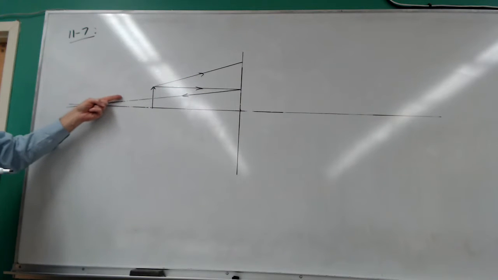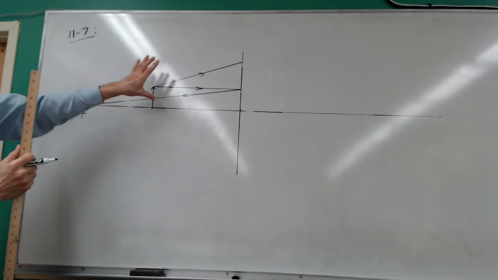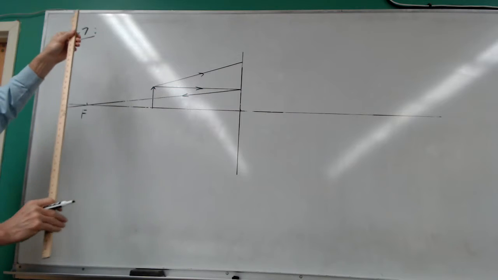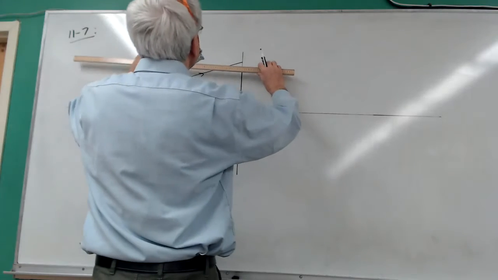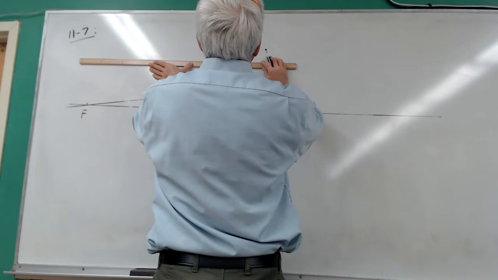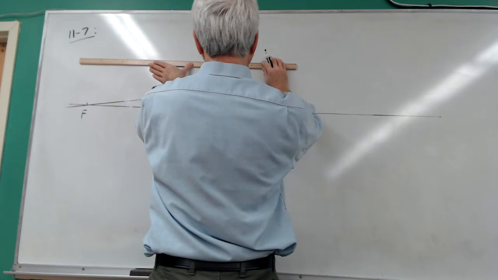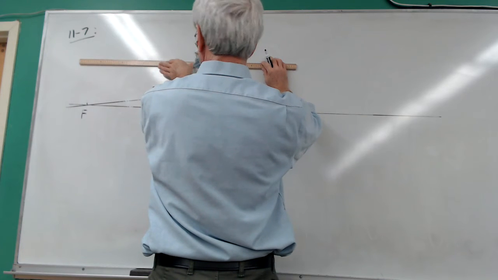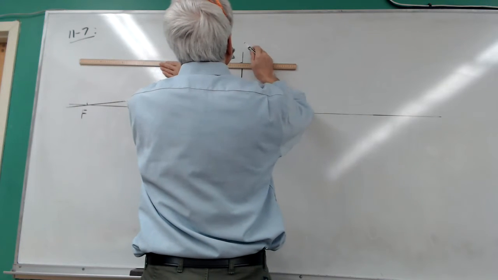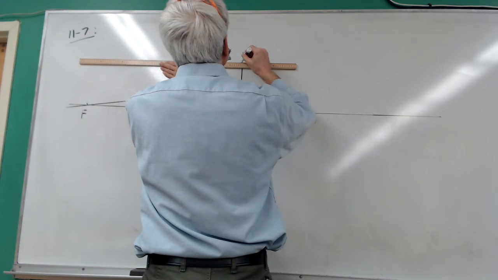So a ray that comes from the direction of the focal point should be parallel to the axis after it's reflected. And I really should measure to make sure I've got a parallel line, but I'm in a little bit of a hurry, so I'm just going to eyeball it, or at least this part of it.